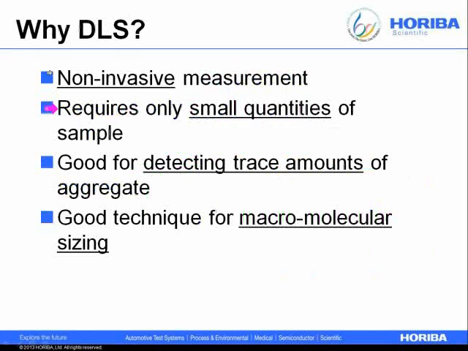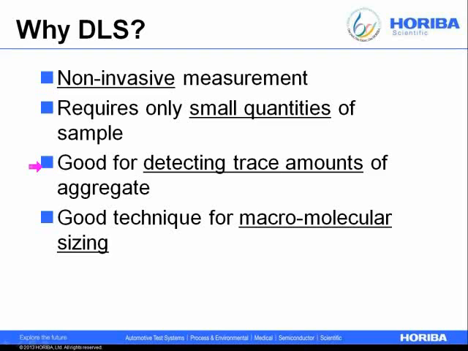Now, why do you want to use dynamic light scattering? It's a non-invasive measurement, so you get your sample back. It requires only small quantities of sample. You can use as little as 10 microliters of suspension, and the suspensions can be fairly dilute. It's good for detecting trace amounts of aggregate.